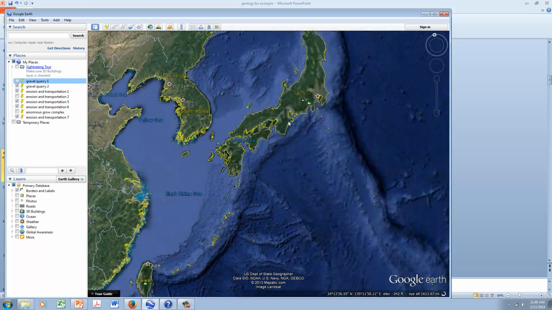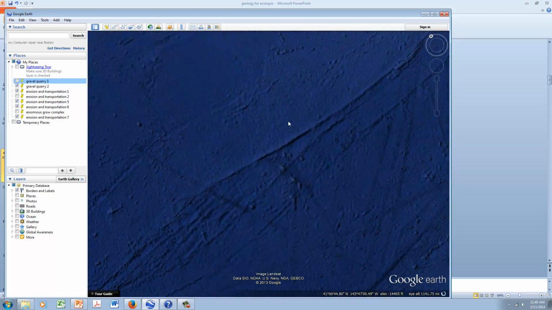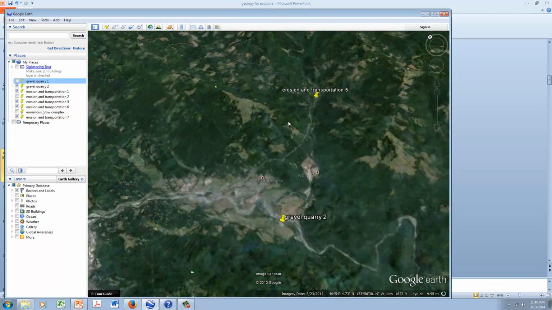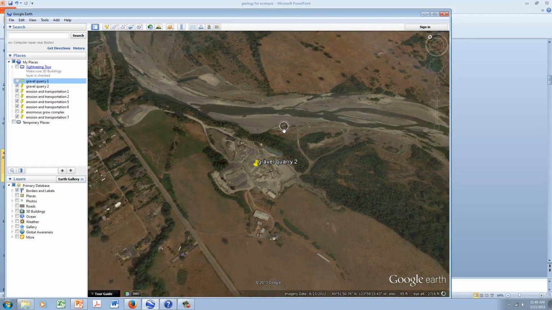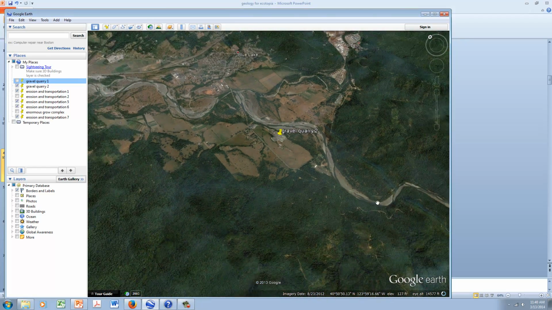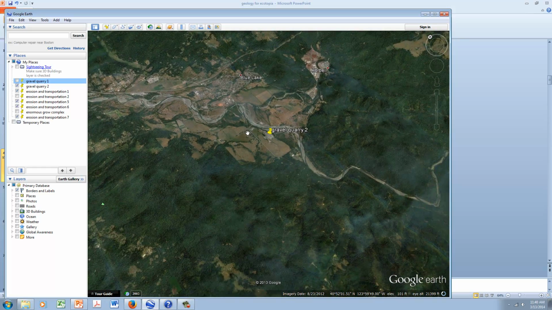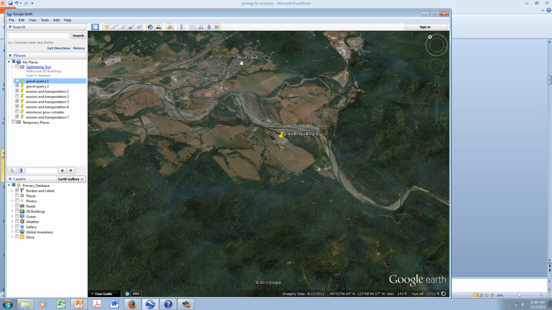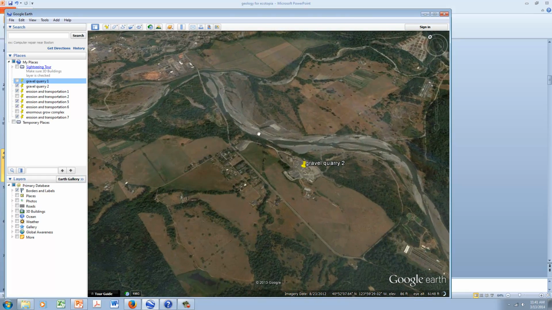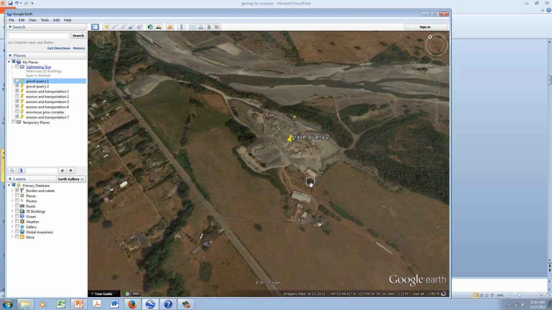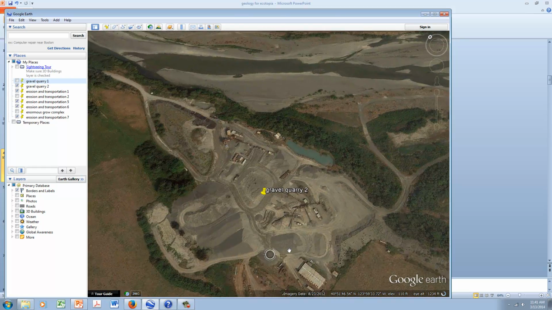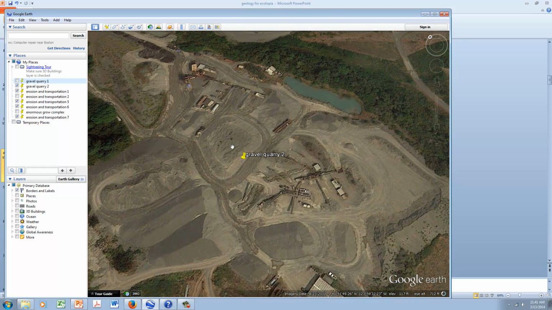So let's go over to, I think, yeah, you probably don't know where we are. Okay, this is the Eel River, just south, no, I'm sorry, this is the Mad River, just near Blue Lake. And out near Hatchery Road, there's a big gravel quarry. You can zoom down here and you can see all their equipment.